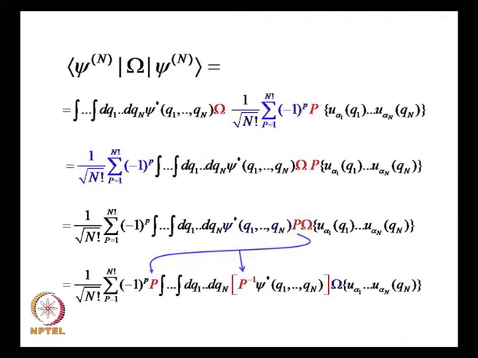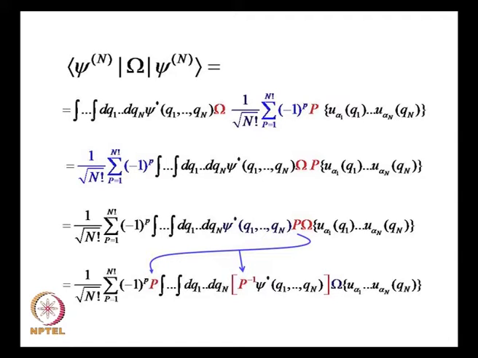So, you can take this permutation operator p, write it over here, and you find that this matrix element of omega is now given by this 1 over root factorial n, the permutation operator operating on this summation, with (-1) to the power p coming already over here. You have integration over all of these n variables.